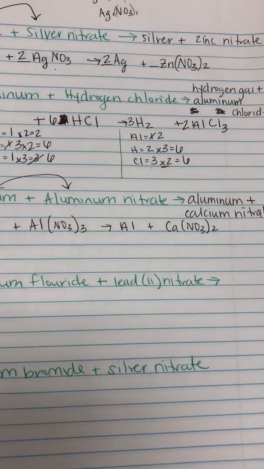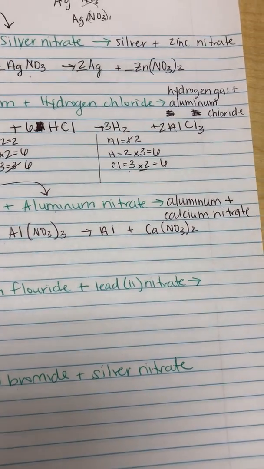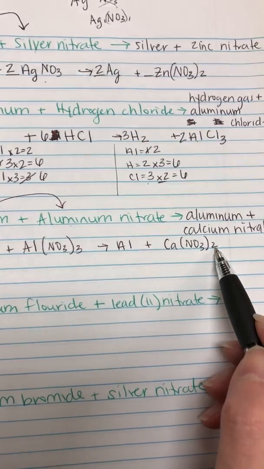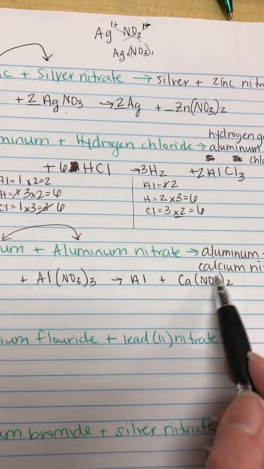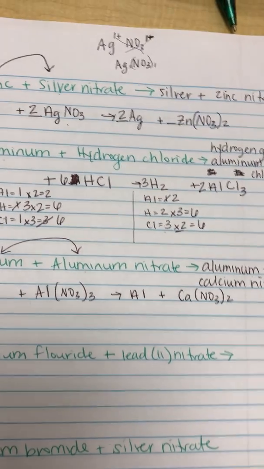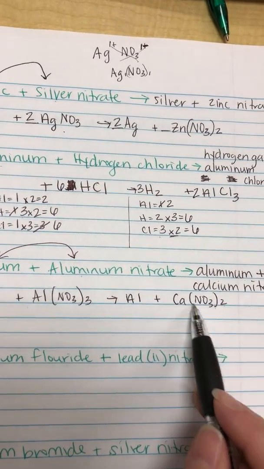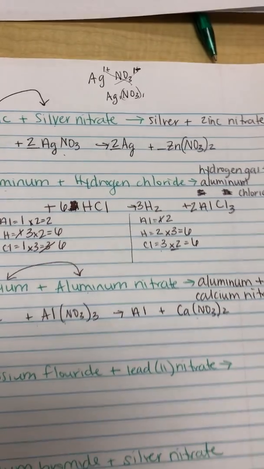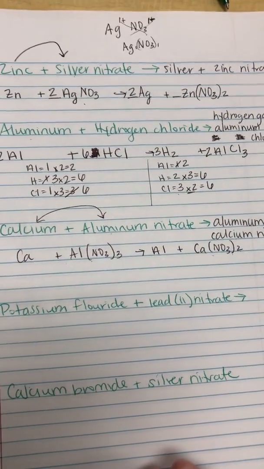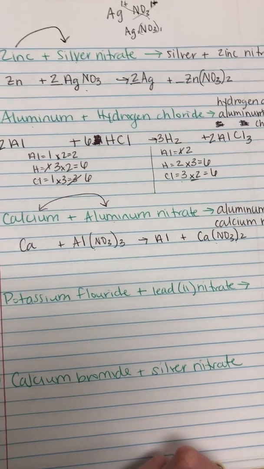Calcium has an oxidation number of 2+, so that's where my subscript of 2 comes from, because I crisscrossed my oxidation number down. Nitrate's oxidation number is 1, so I have my invisible 1 down there. Don't forget your parentheses on these two. So there's my equation, and then all I have to do is balance.